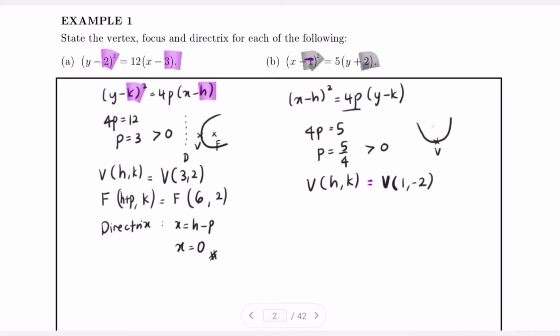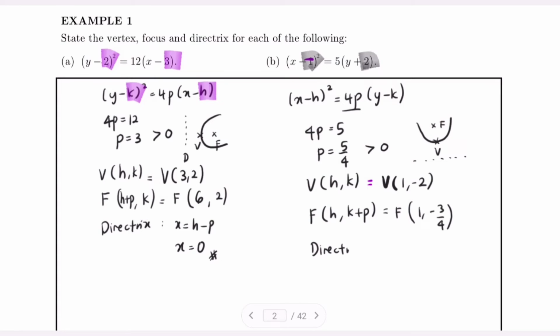So assuming this is our V and this is our F and this is the directrix, this time our h will remain the same. And we're going to add p to the k. So the focus will be 1, negative 2 plus 5 over 4 is negative 3 over 4.